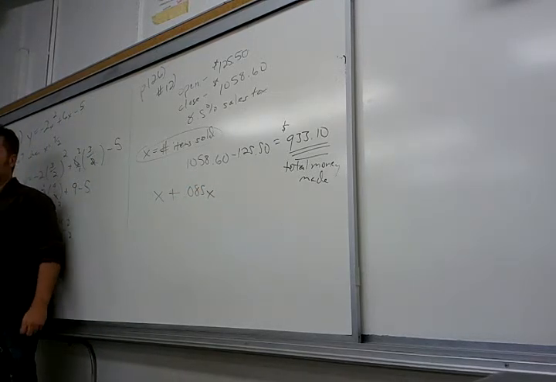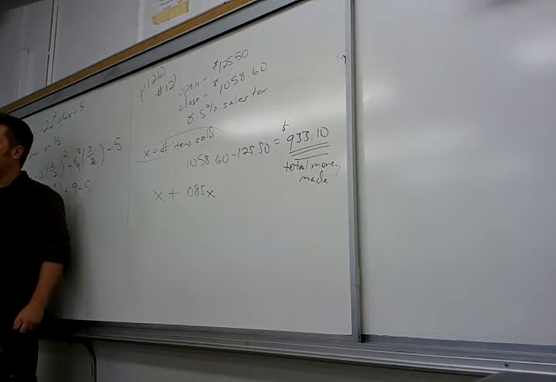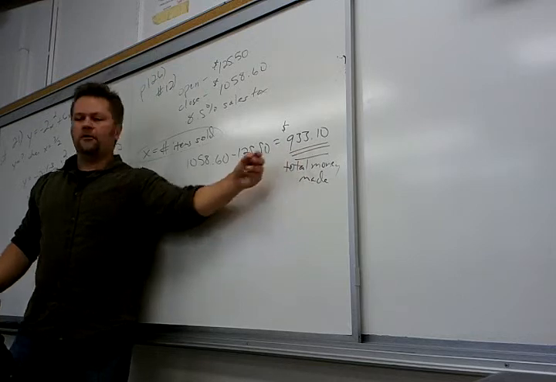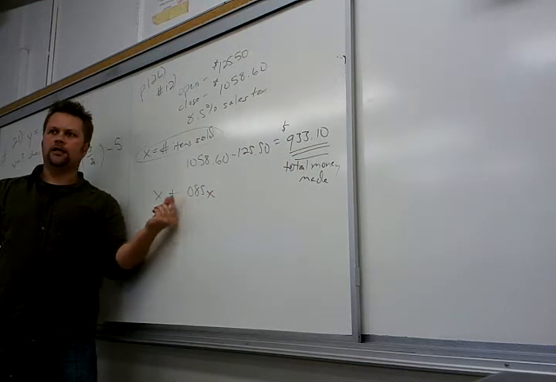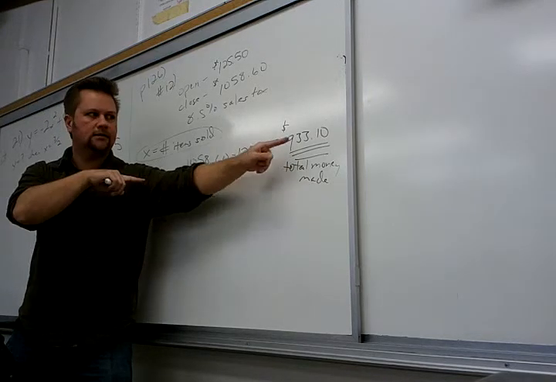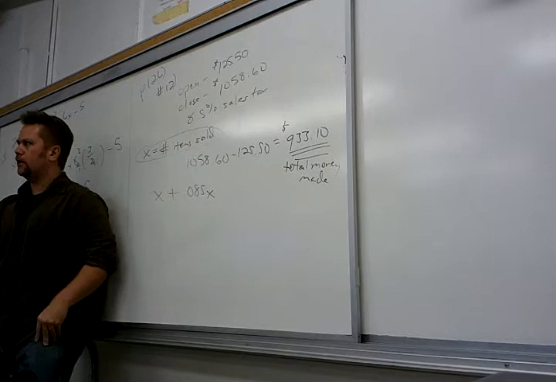Can't you just take the 933 and multiply it by 8.5%? Now, this is exactly the point I made last time to be careful about. That's the big mistake. Where did 933.10 come from? It came from adding 8.5% of what I sold to what I sold. I can't take 8.5% of this to go back, because that's a bigger number than what the tax was actually taken on.